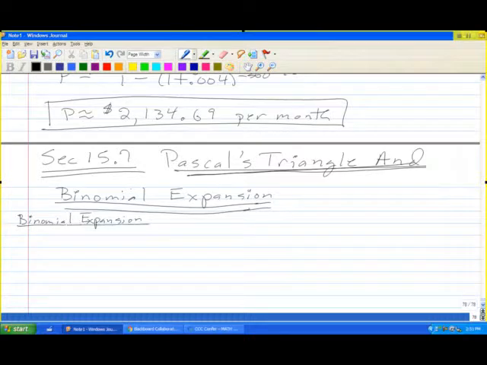Suppose I want to look at x plus y to the 0.